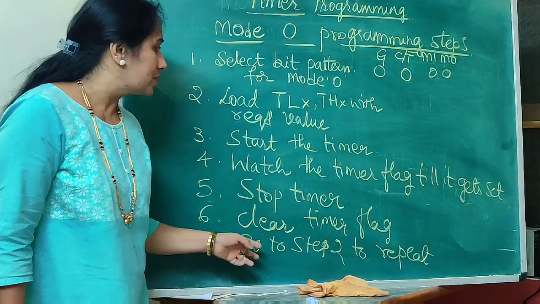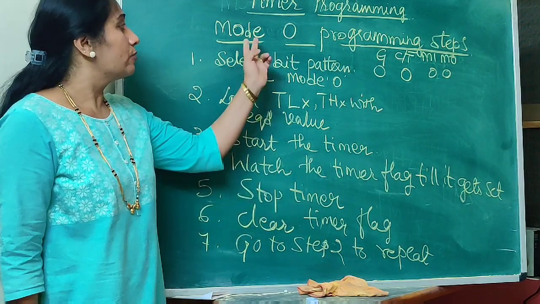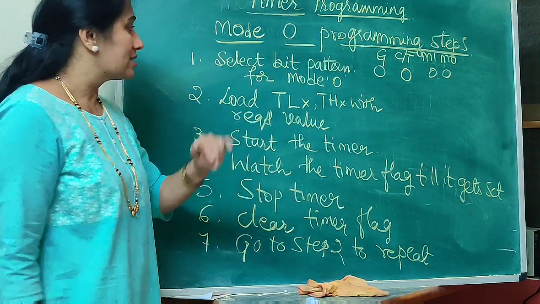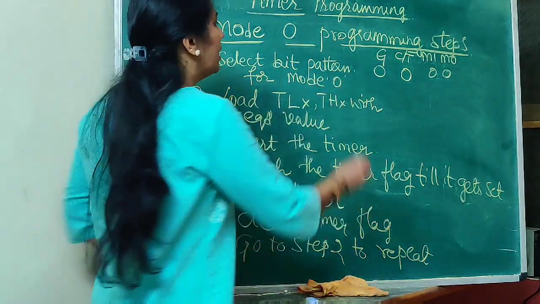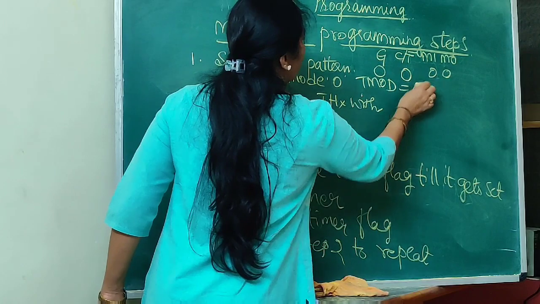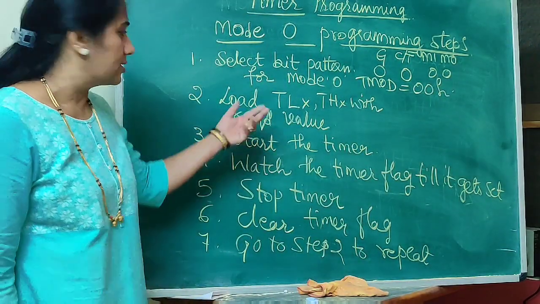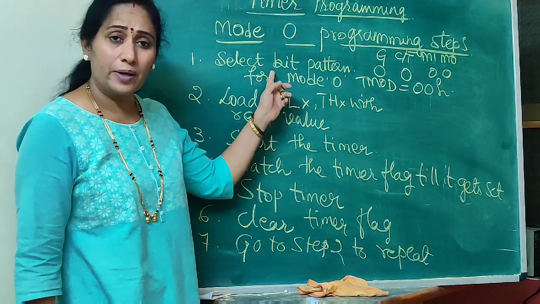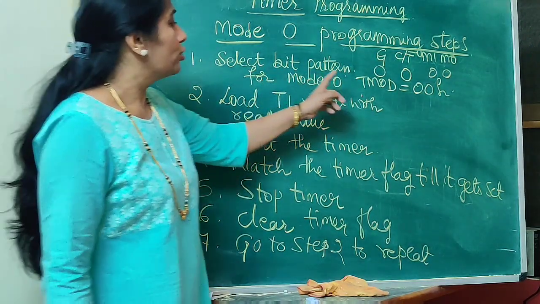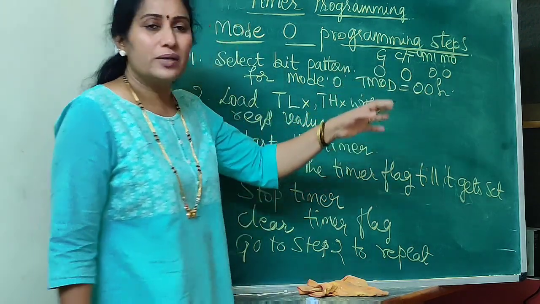These are the steps which are going to say how you are going to write the program for mode 0. In the TMOD register, you have to write, say, 00 hex. The first step in your program is that you load the TMOD with the required bit pattern, whatever they have specified.